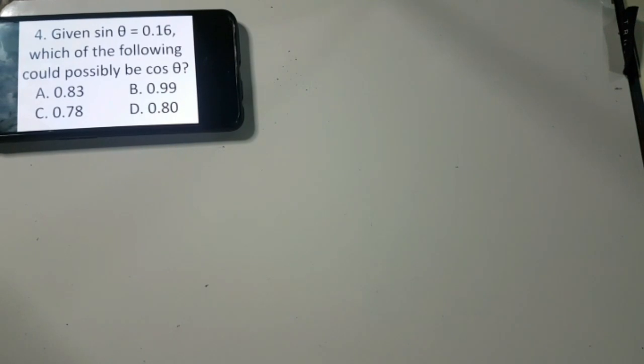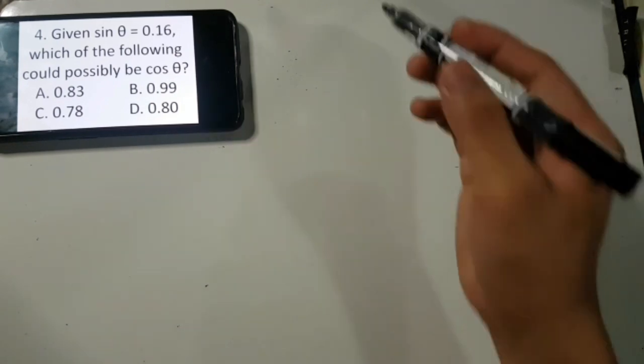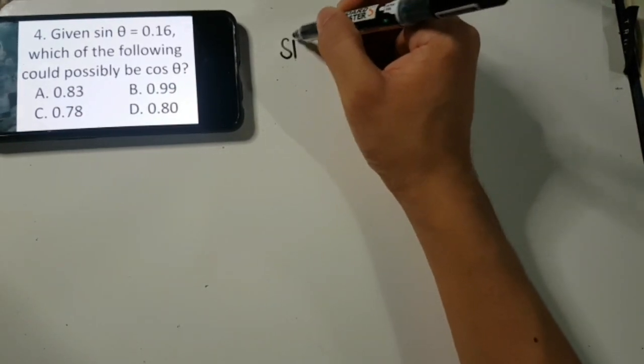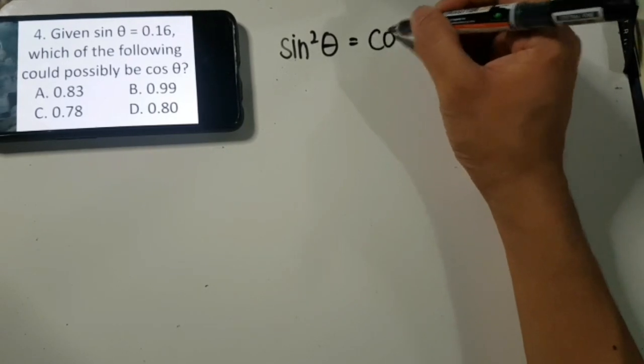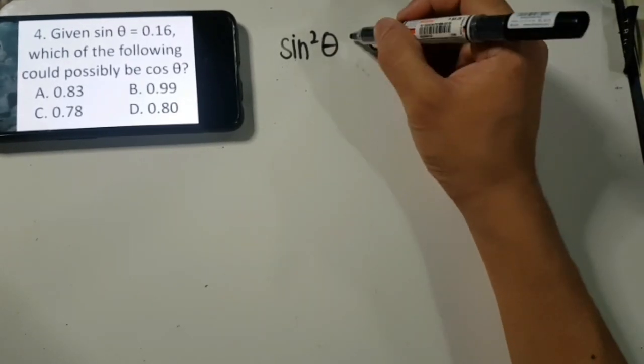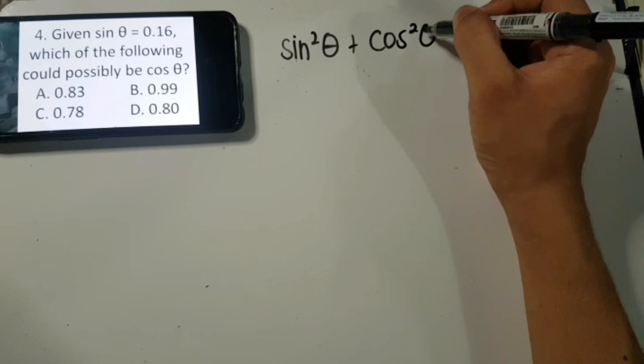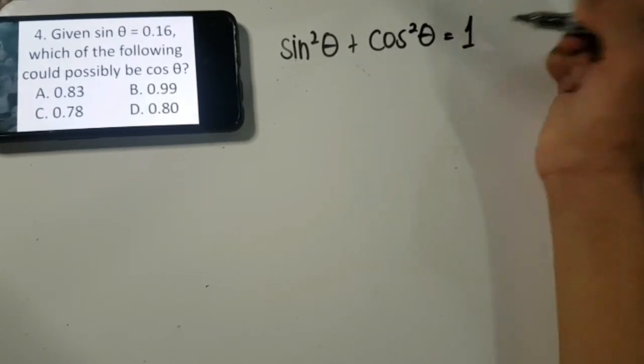Next question. Given sine theta is equal to 0.16, which of the following could possibly be cos theta? So, analyze nyo po yung question. So, tandaan nyo lang po yung trigonometric identity na sine squared theta plus cosine squared theta is equal to 1.